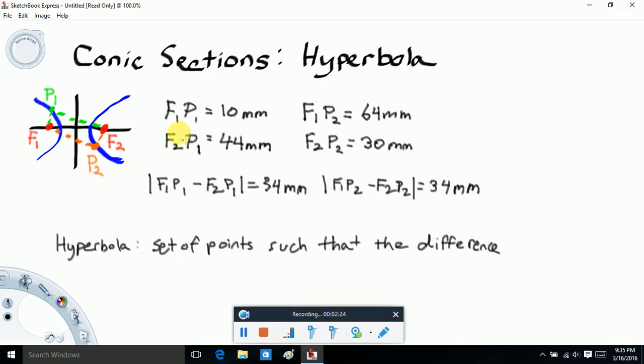So again, it's the set of all points such that the difference between the distances from P, a point on the hyperbola, to two fixed points, the foci, is a given constant. So in this case it was 34 millimeters. That's the definition of a hyperbola.